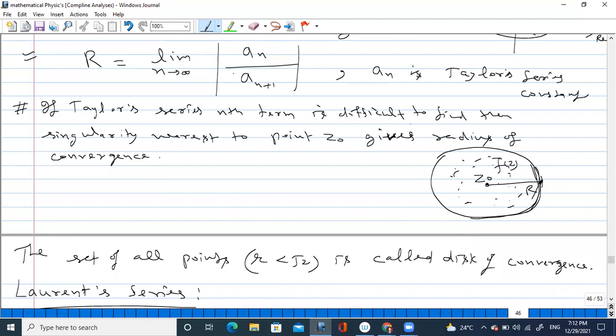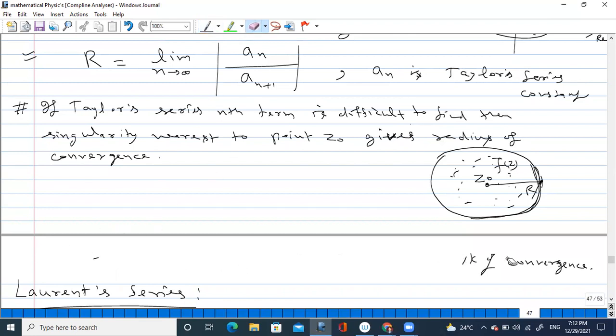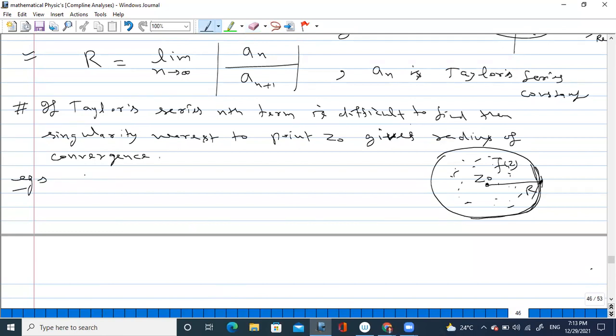Understood? So there is one question also, how we can find that. The question is: f(x) is, in place of z he has written f(x), so no problem, f(x) is 1 upon cos hyperbolic x. So this is a NET question.